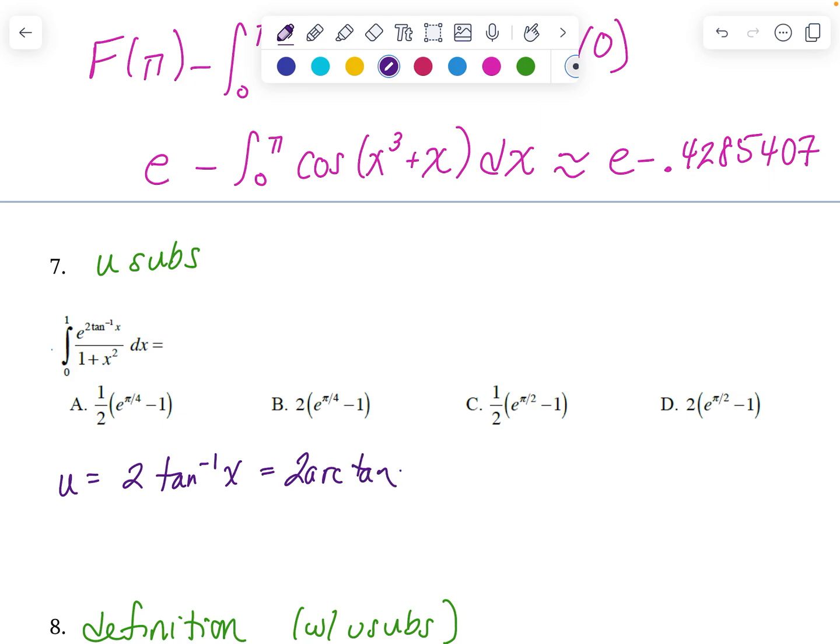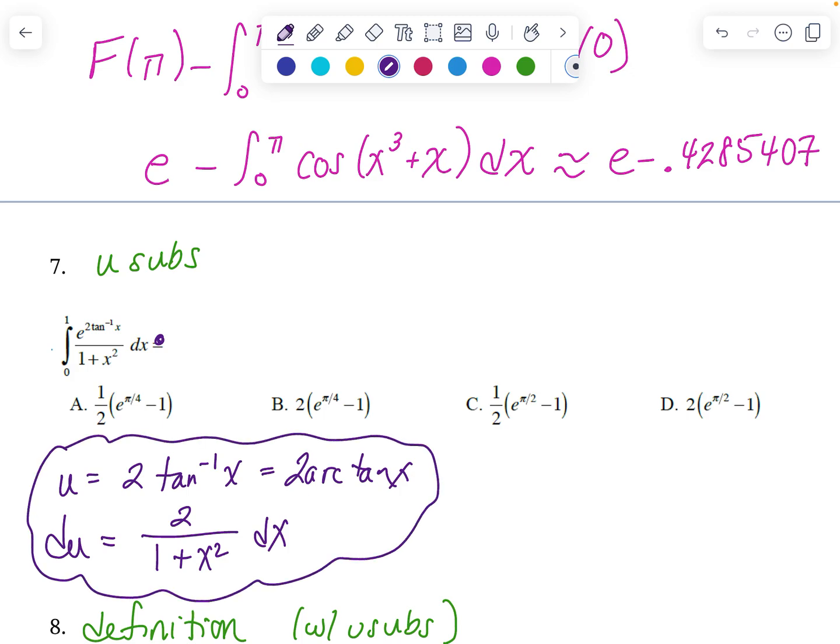Don't panic, okay? And so 2 is going to ride along. The derivative of arctan is that guy. And then look, oh, it's right there in the problem. So all I need to do with my beautiful U substitution cloud is to insert a 2 and balance it with a 1/2. And now look at what we've got.